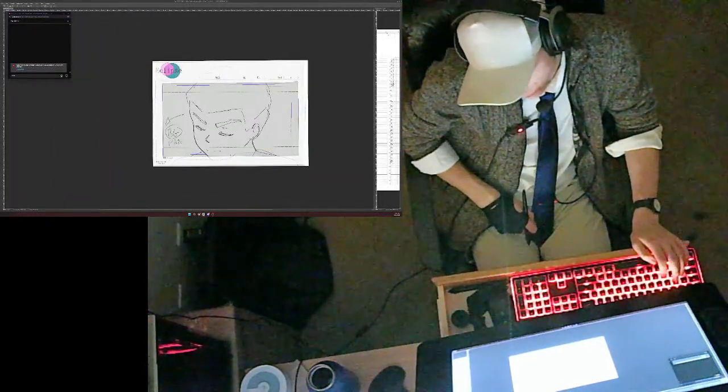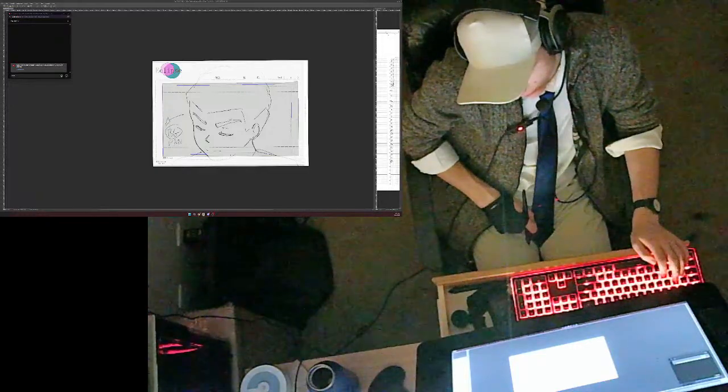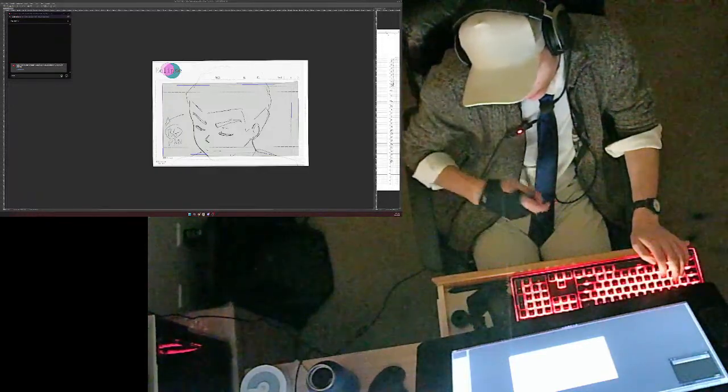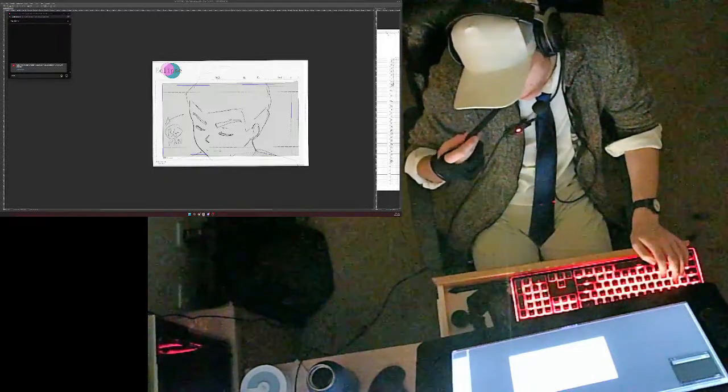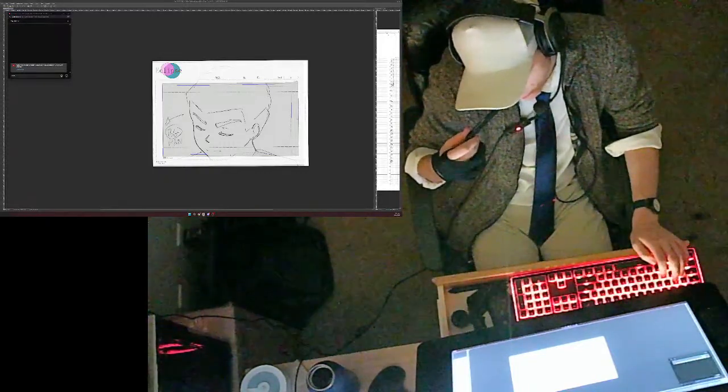Just because I'm not so sure about how the eyebrows are laying on the skull in this drawing.